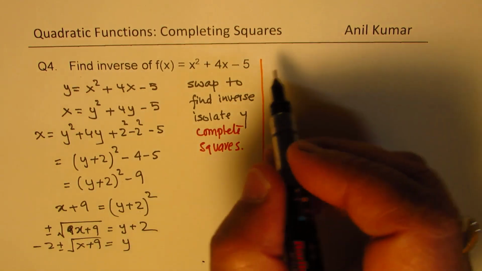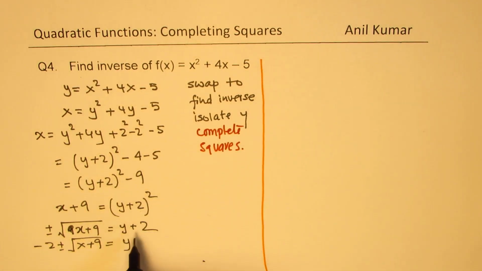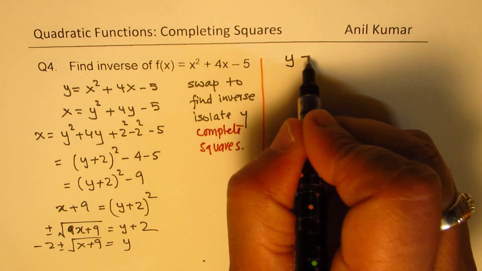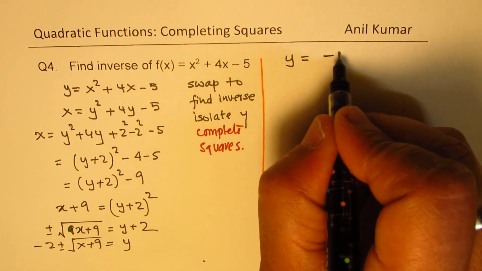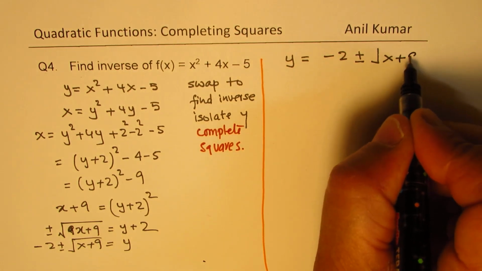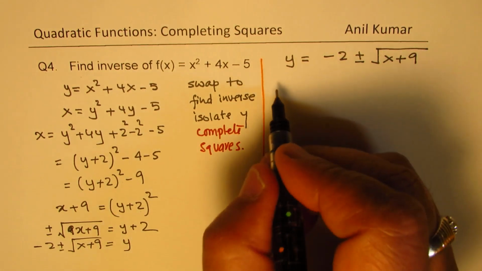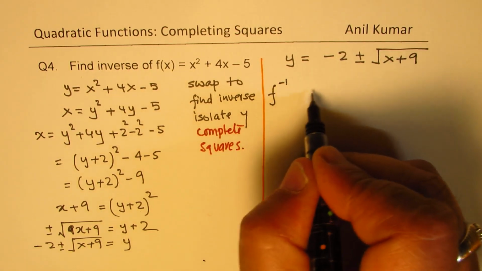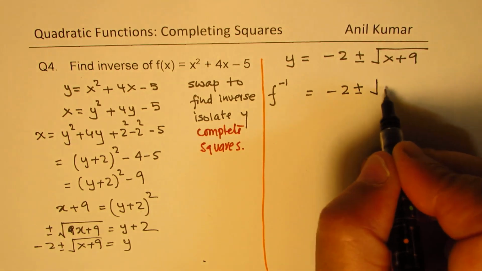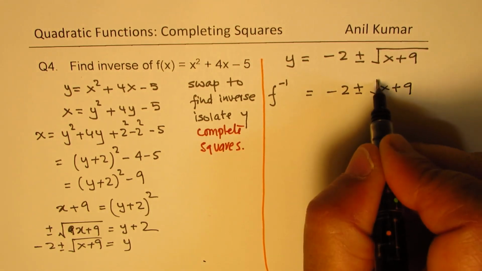So what we did here was we did square root. So whenever you do square root, you have to do plus and minus. So we get y equals minus 2 plus and minus square root of x plus 9. Is that clear to you? Right? So we can write f inverse as equal to minus 2 plus minus square root of x plus 9.